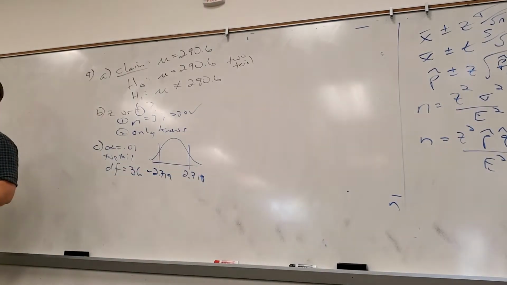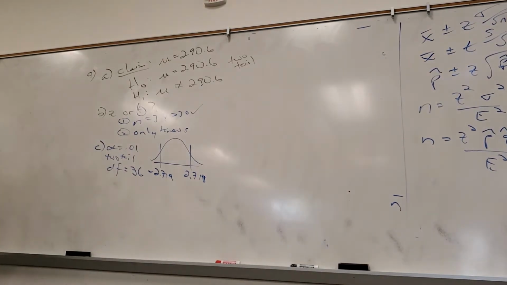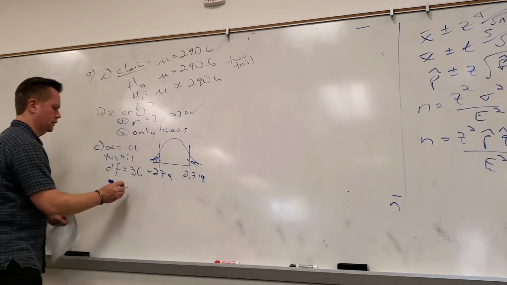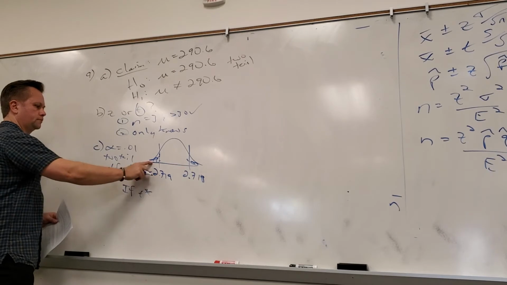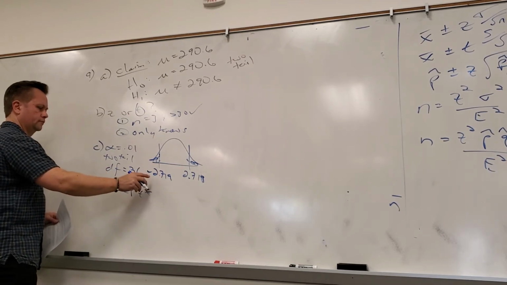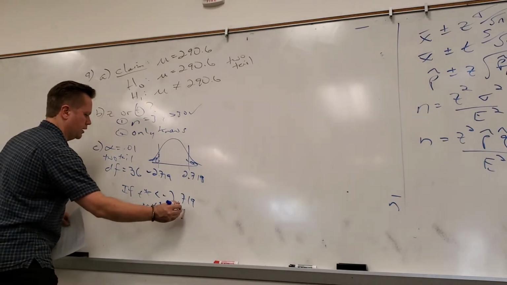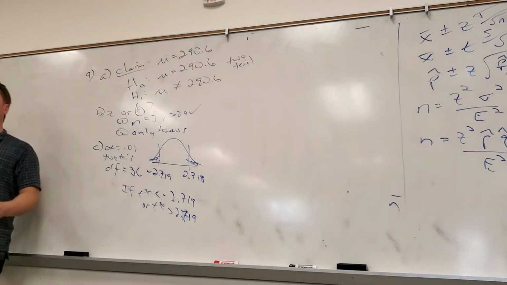Is that what you guys got? Two-tail, 0.01? Yeah, I like it. So if T star is less than negative 2.719 or greater than positive 2.719.